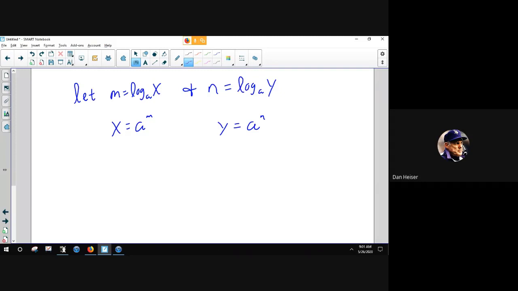So what I'm going to do is multiply X and Y together. That should be the same thing as multiplying A to the M times A to the N. Same thing as multiplying those.